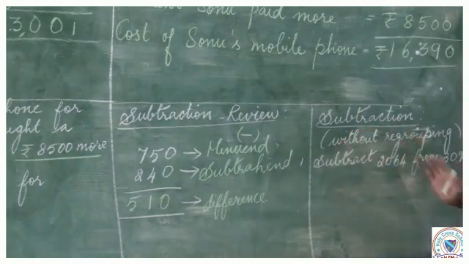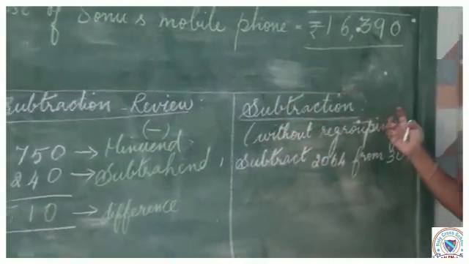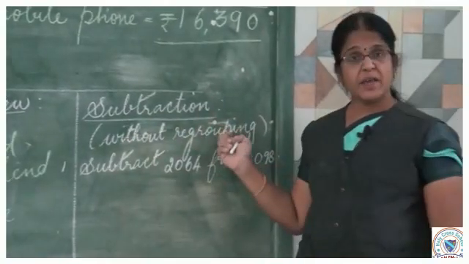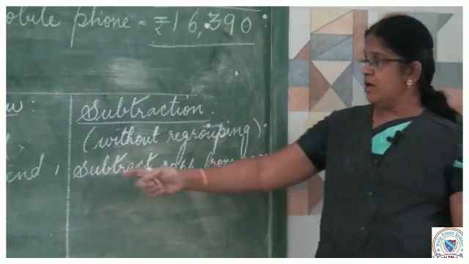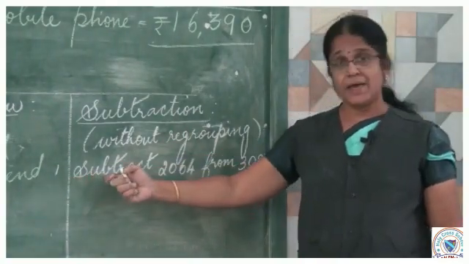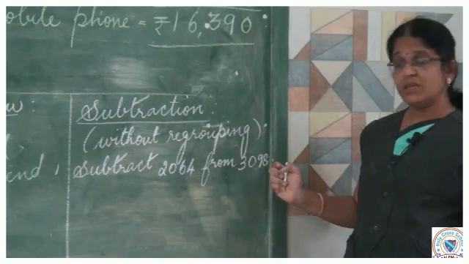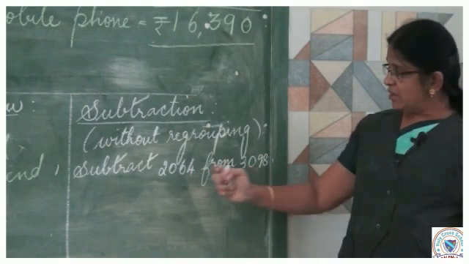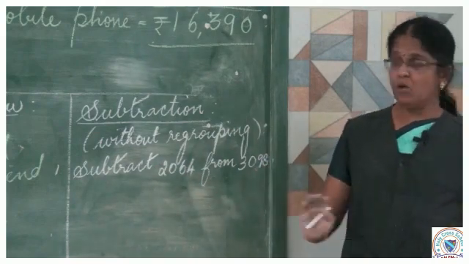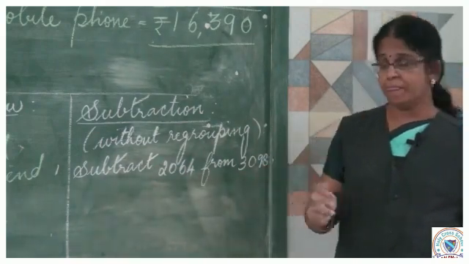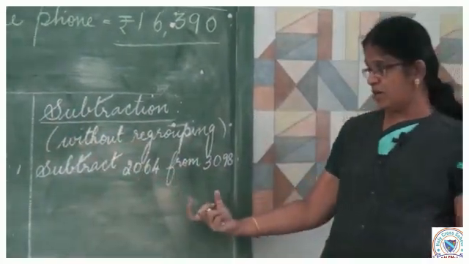Now we are going to see subtraction without regrouping. Without regrouping means without borrowing. Look at the first question. Subtract 2064 from 3098. Compare these two numbers. Which is the large number here? What should come on the top? I told you the large number called minuend should be on the top.